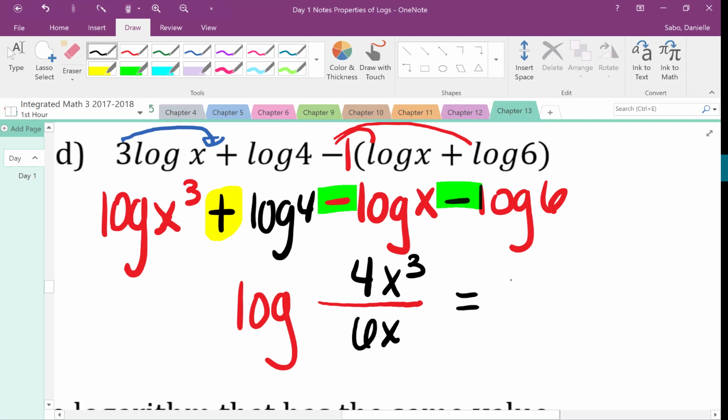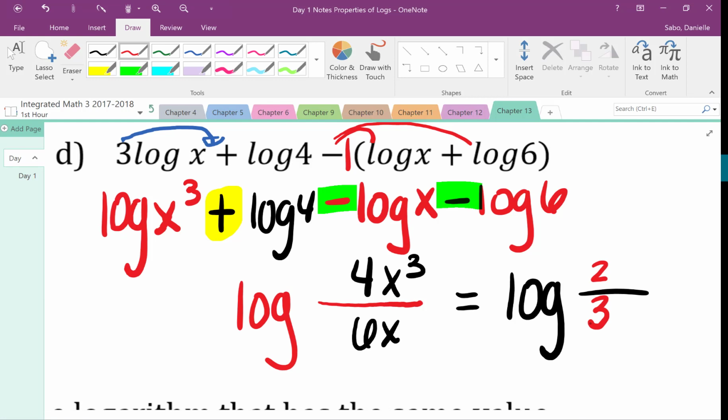A couple reasons. So I have log, still going to be here. What happens with the 4 and the 6? It reduces to, very good, 2 over 3. So in red, this is what's changing, 2 over 3. X cubed, now we're going back to rules of exponents. So see how it's all coming together now. What's x cubed divided by x? X squared. Is it on the top or bottom of my fraction? Top, very good.